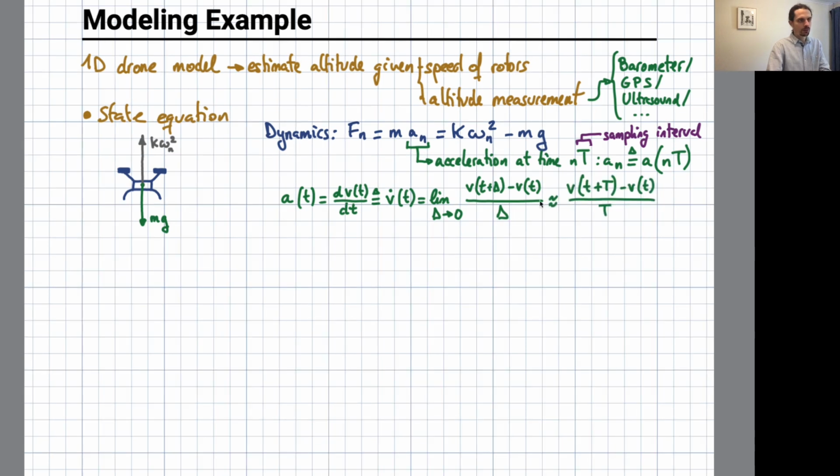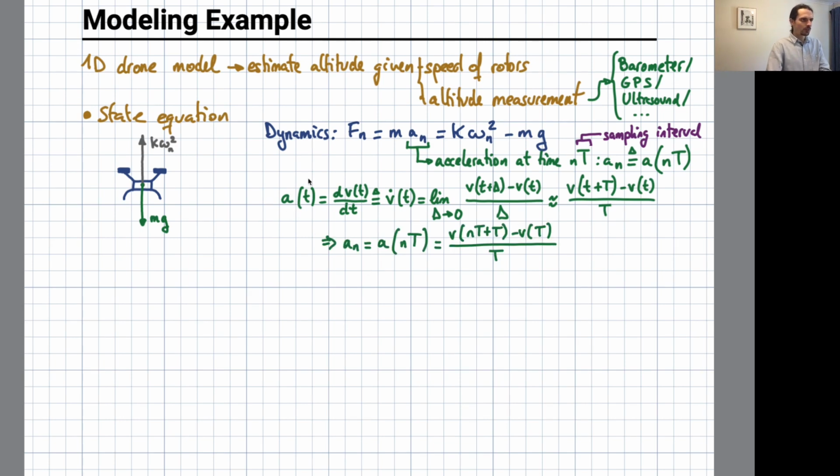So if our sampling interval is sufficiently small, then this quotient will be approximately equal to the limit, and we can assume that this right hand side equals the acceleration.